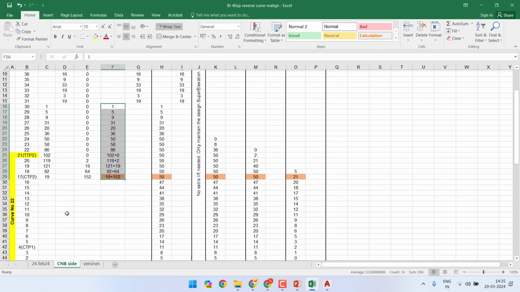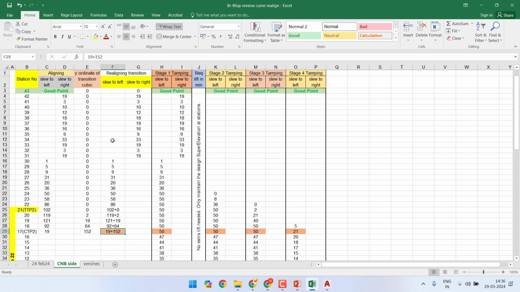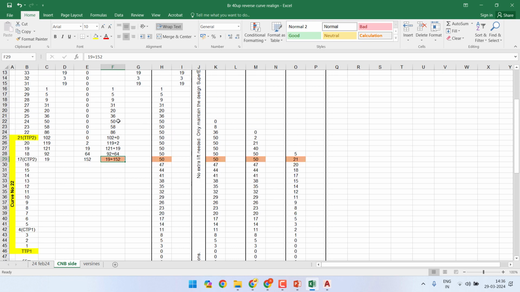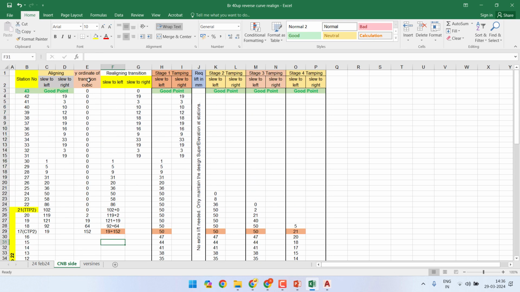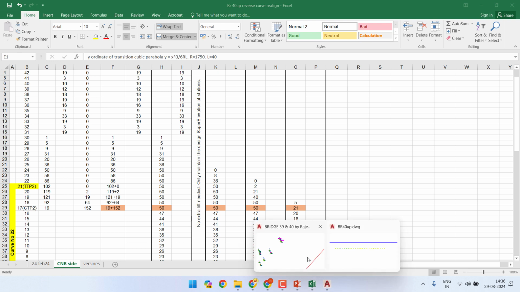Our curve is ending here, but we need to slew the track towards left to make it a proper reverse curve. So this calculation we had done using the y ordinate of transition cubic. Alright, and that is what we will show here.